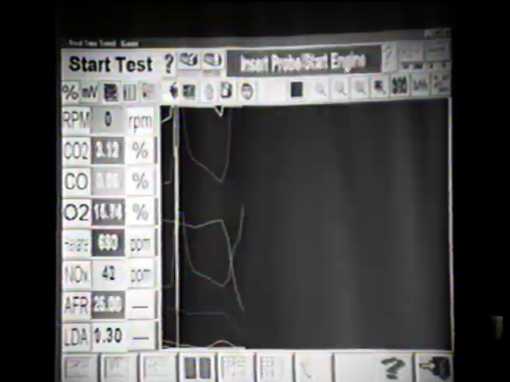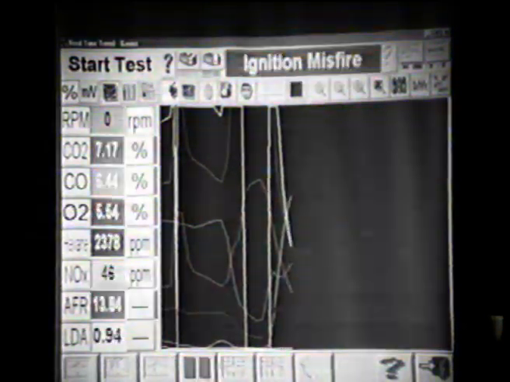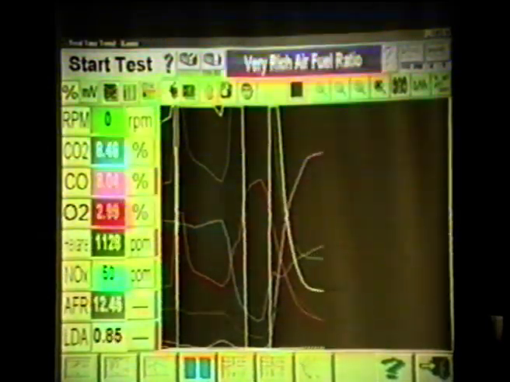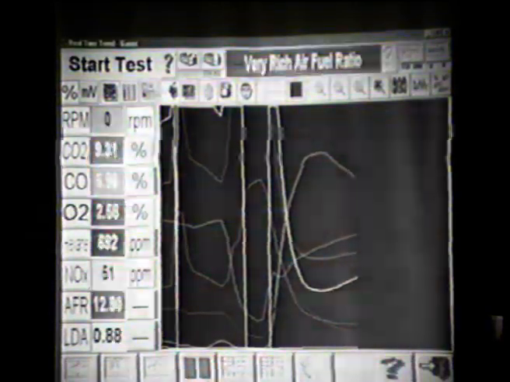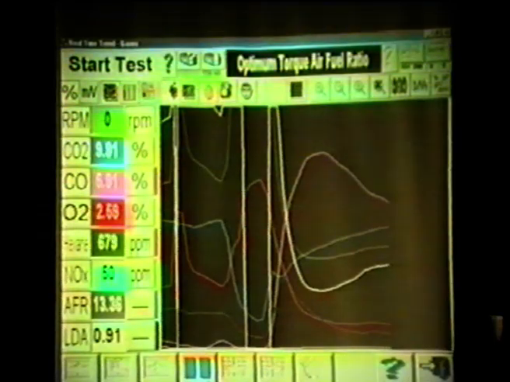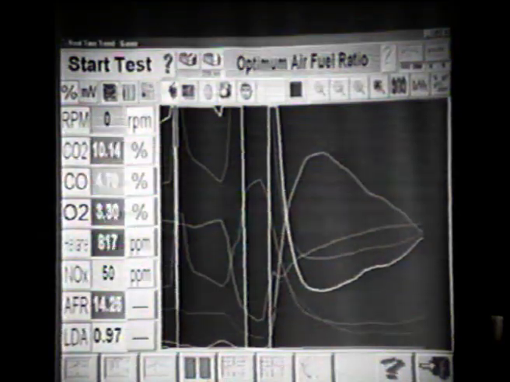Is it steady? Yes. Steady. Okay, so it's running rich, going in the opposite direction.